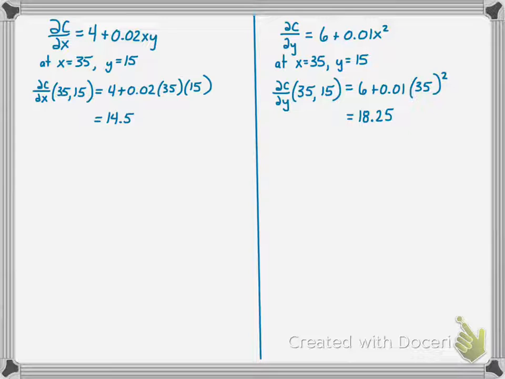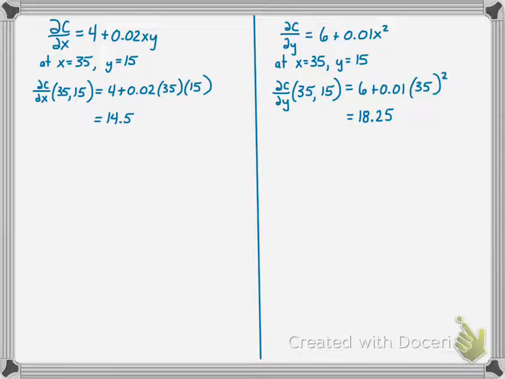Okay, so in our instructions, we are asked to find our partial derivatives, evaluate them at the current cost values of $35 per pound and $15 per hour. All right, so let's interpret our partial derivative of c with respect to x.